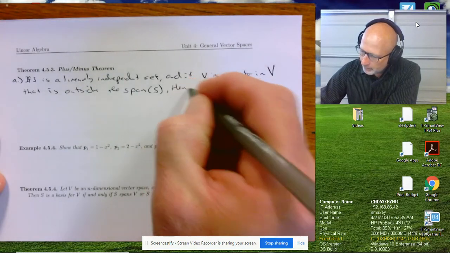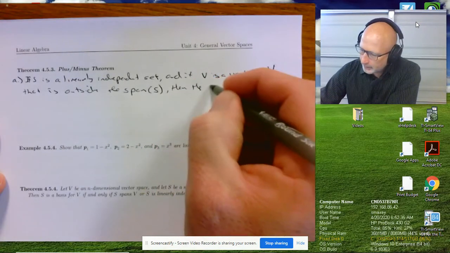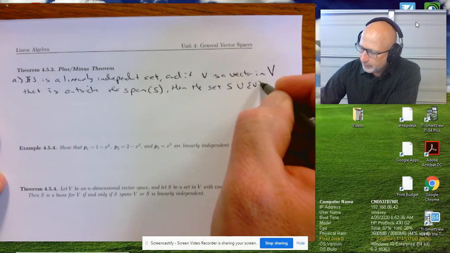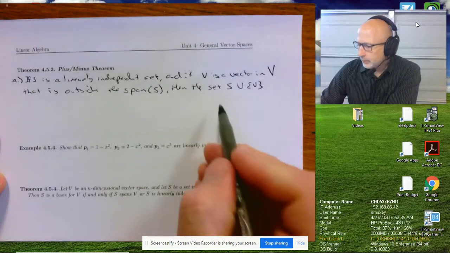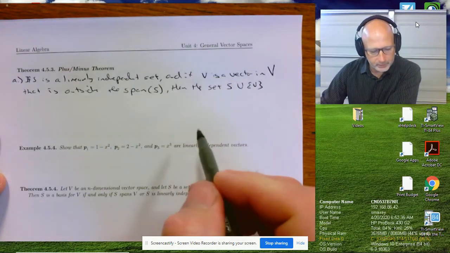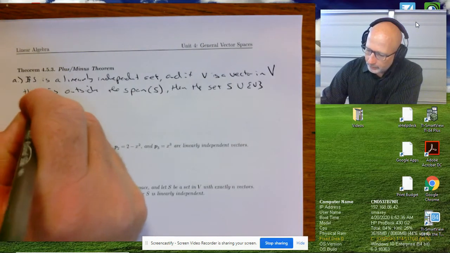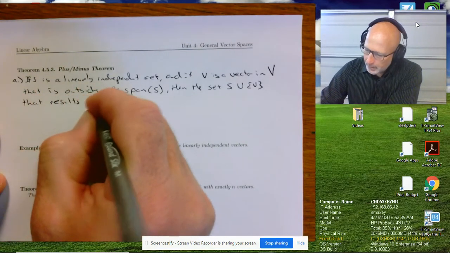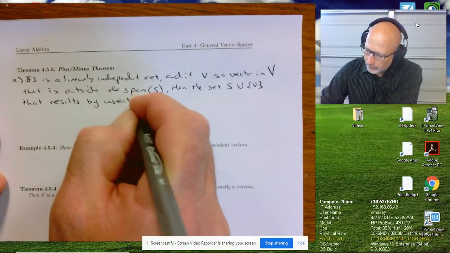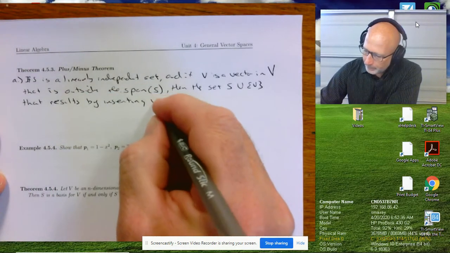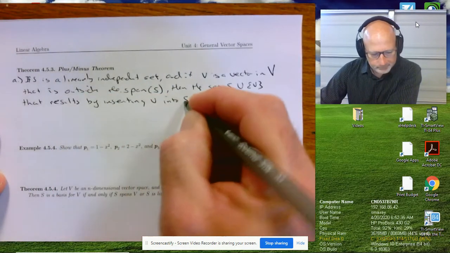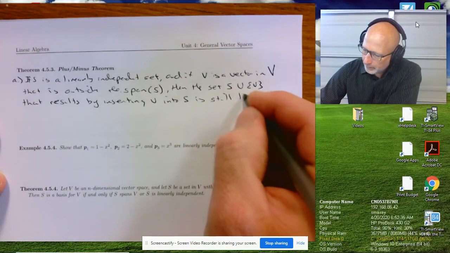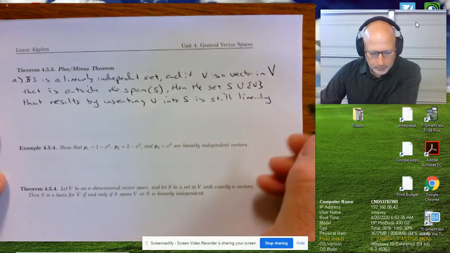Then the set S union V, that one element V. Okay, so you're taking the set S and you're adding on the vector V to it. That results by inserting V into S is still linearly independent.